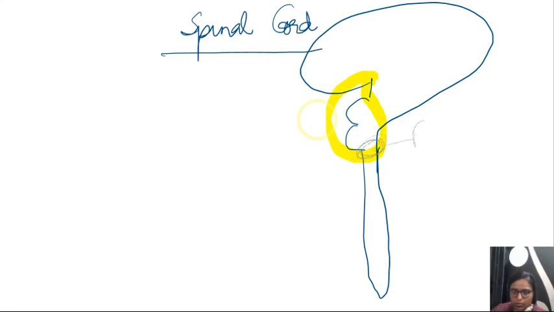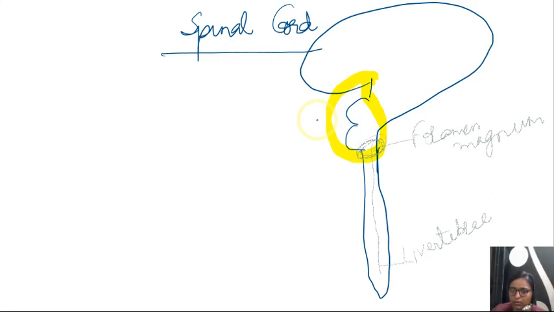This is called the foramen magnum, and your spinal cord starts from here and continues down to the L1 vertebra. Fine. See, it is a continuation of your medulla oblongata.